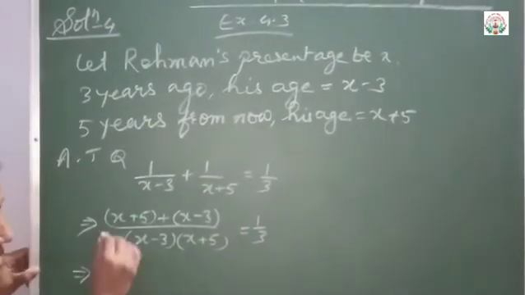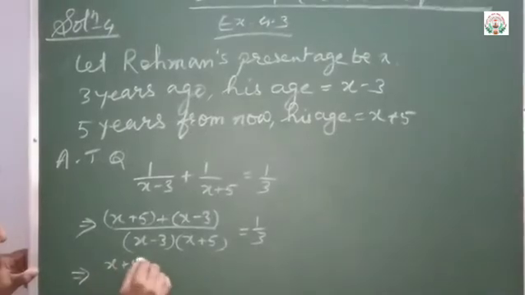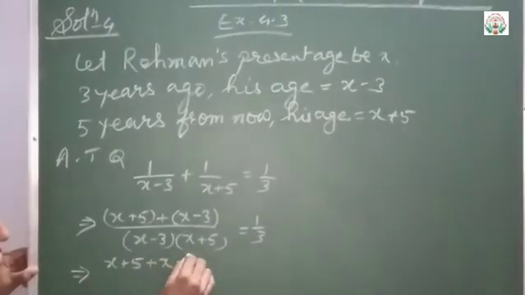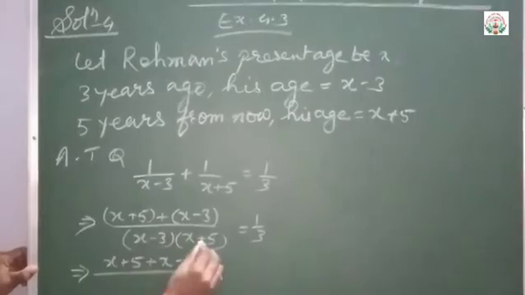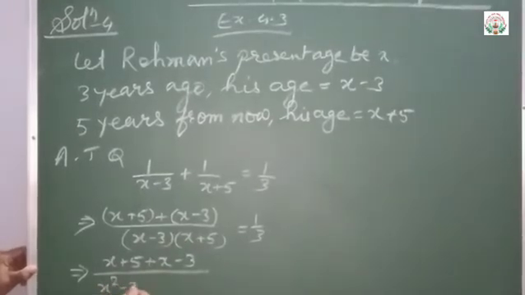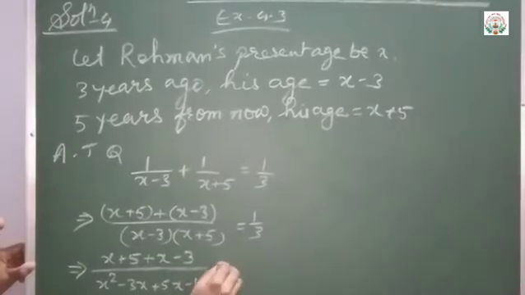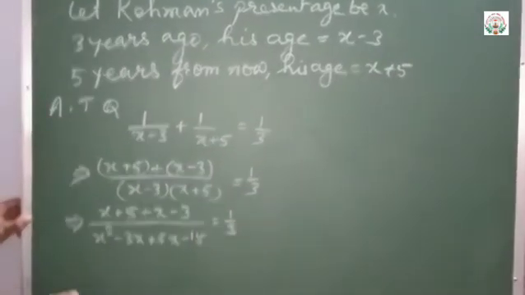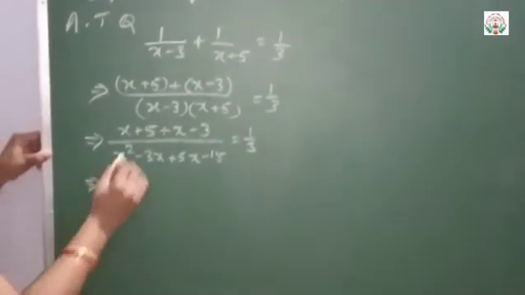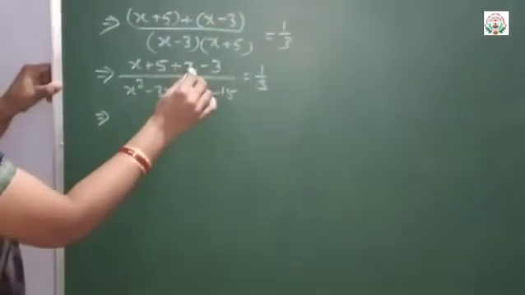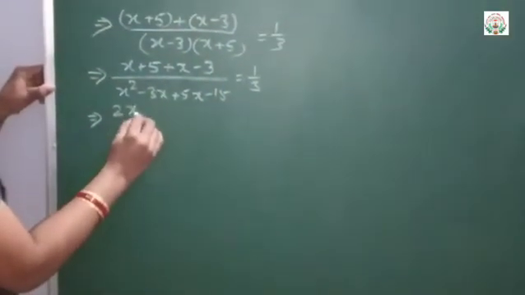Now simplify it, that is x plus 5 plus x minus 3 upon the multiplication of this, x square minus 3x plus 5x minus 15 equals to 1 upon 3. Then, now what? Numerator x plus x will be 2x.